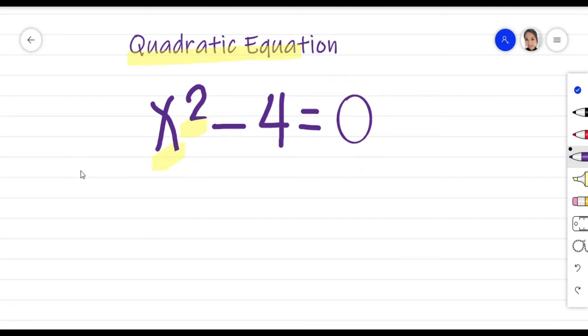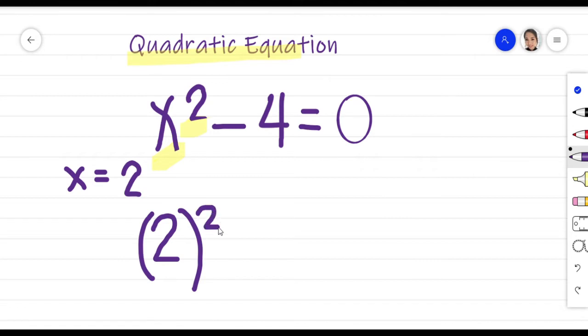Now, let's try x equal to positive 2. We will substitute 2 to x. So that becomes 2 squared minus 4. Will that be equal to 0?